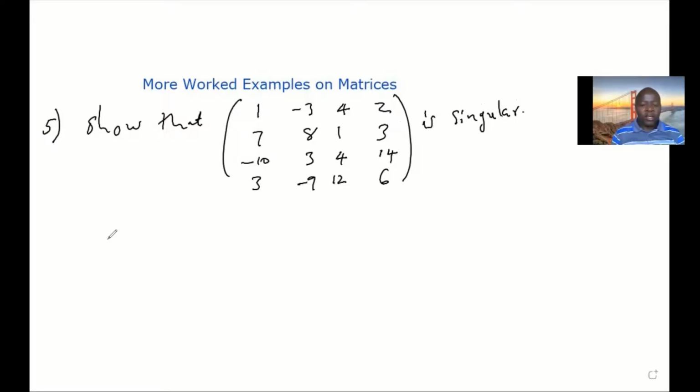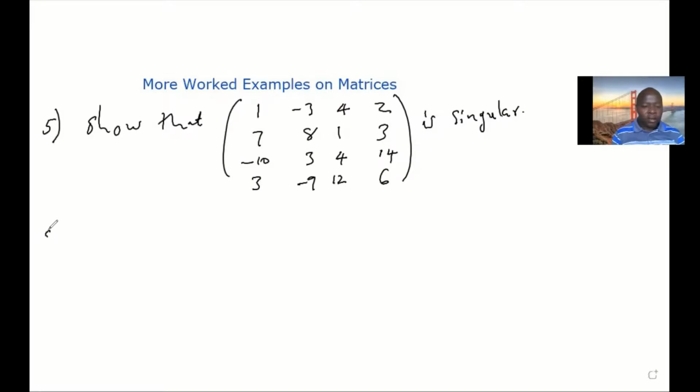When the determinant is 0, 1 over 0 does not give us something. So the question is, show that this matrix is singular. In other words, find the determinant of this matrix and show that it is 0.